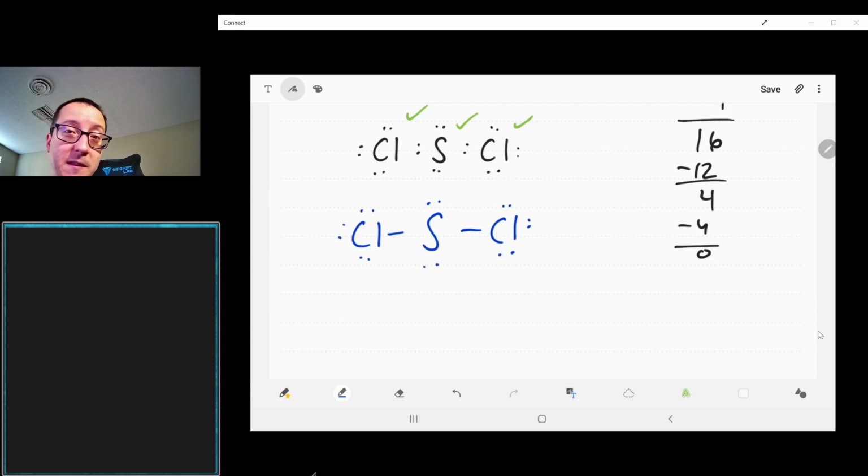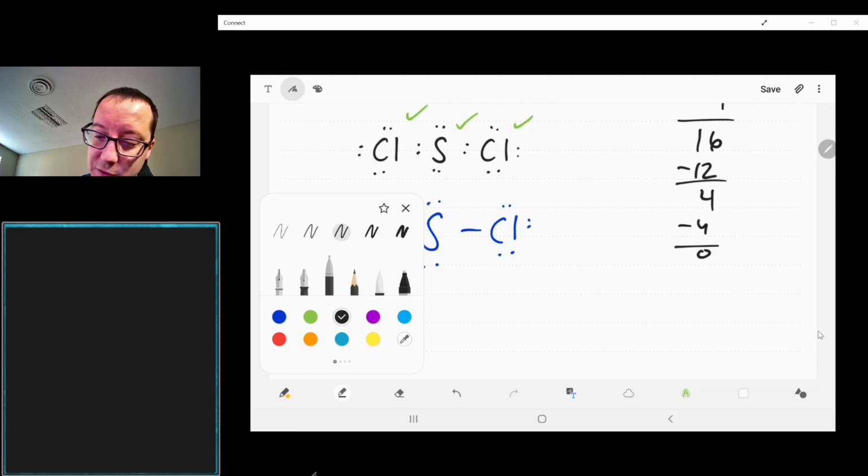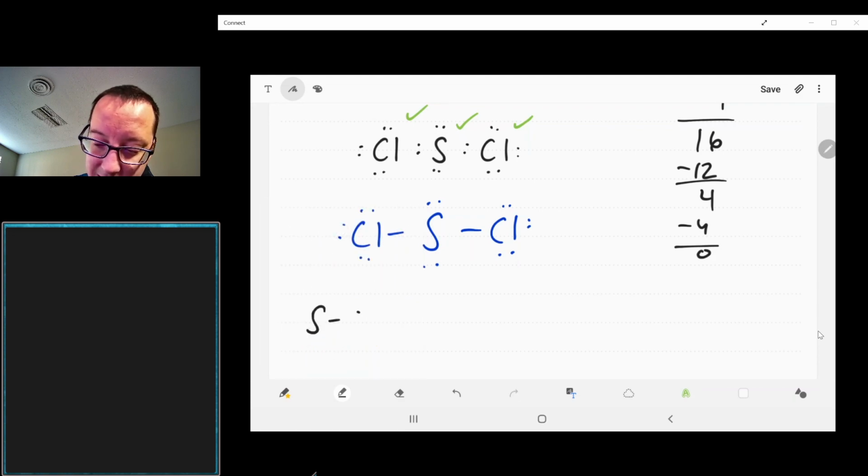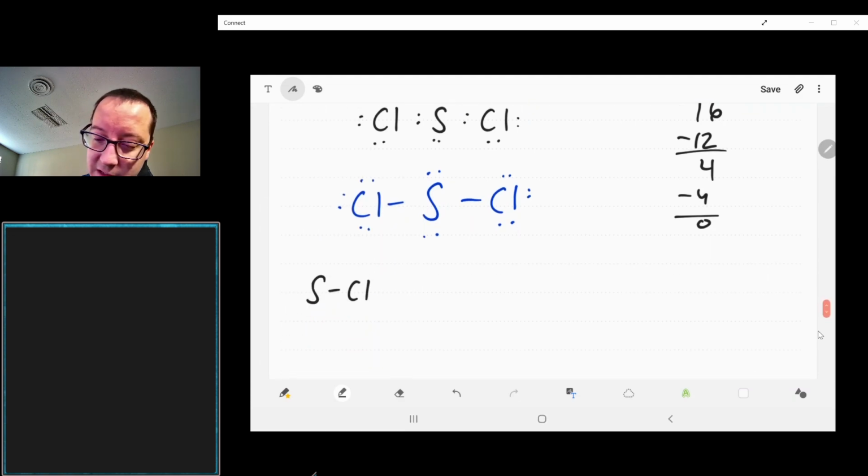This is why it's important that we don't forget our lone pairs, because that's going to be very important here. Let's look at an individual S-Cl bond. If we look at their electronegativities, sulfur is, actually I don't remember, let's look it up. Sulfur is 2.5, I lied. Okay, 2.5, and chlorine is going to be 3.0.